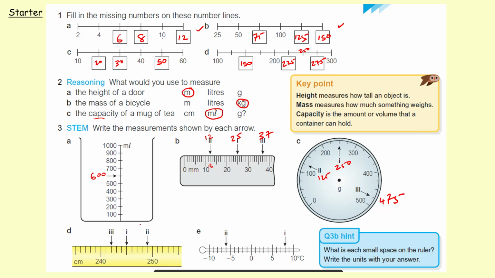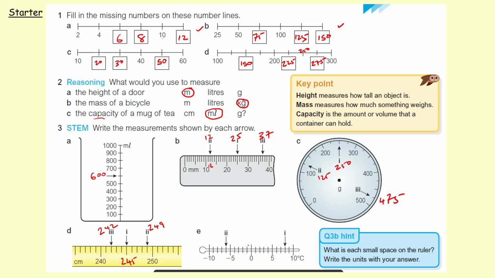Okay, on D, we're looking in between 240 and 250, that's a bit clearer. So we've got 245. II, 250 minus 1, 249, and III, 242.